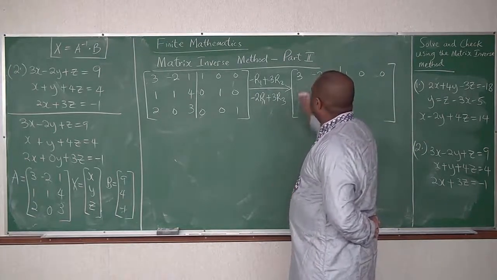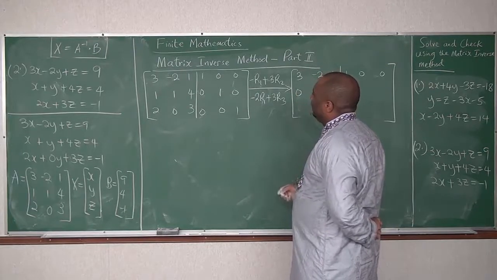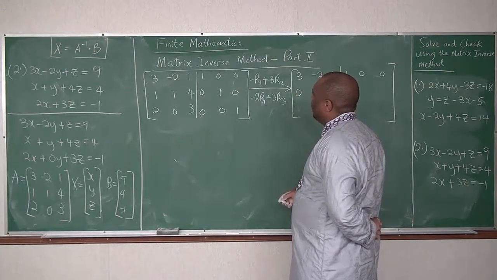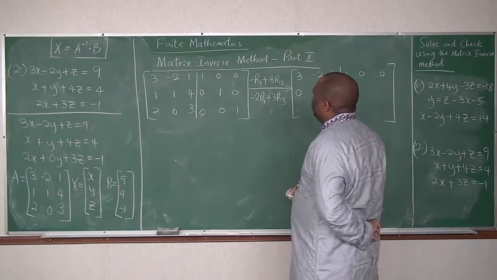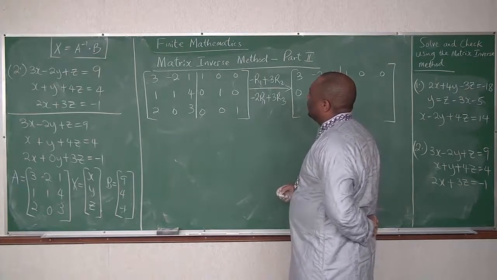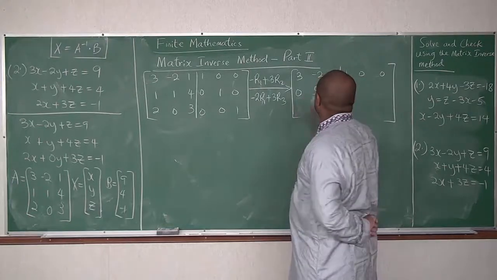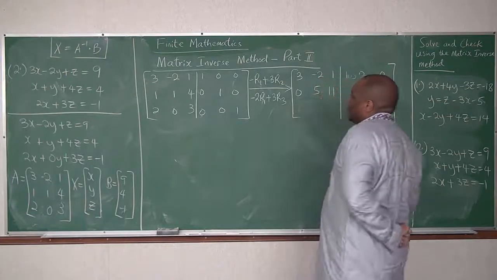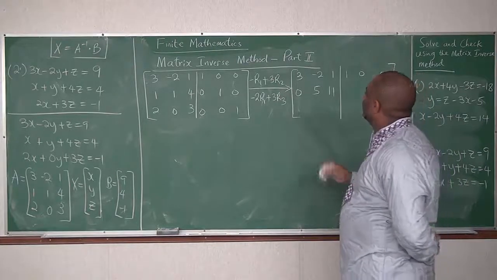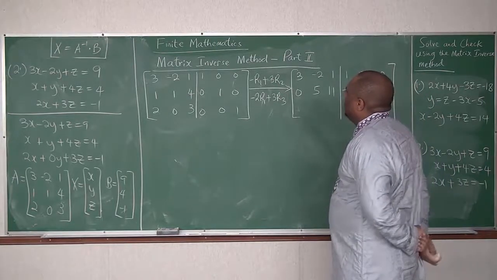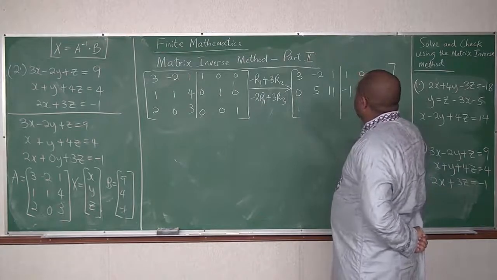Negative 3 plus 3 is 0. Negative, negative 2, 2 plus 3 is 5. Negative 1 plus 4 times 3, 12. Negative 1 plus 12 is 11. Negative 1 plus 0 is negative 1. 0 plus 3 is 3.